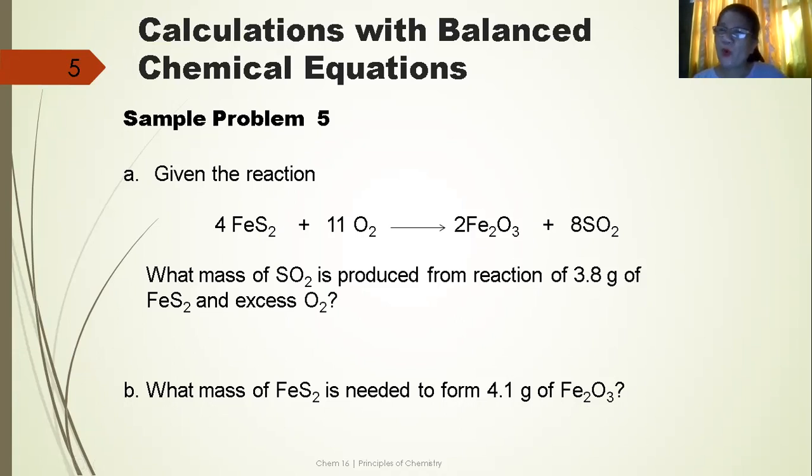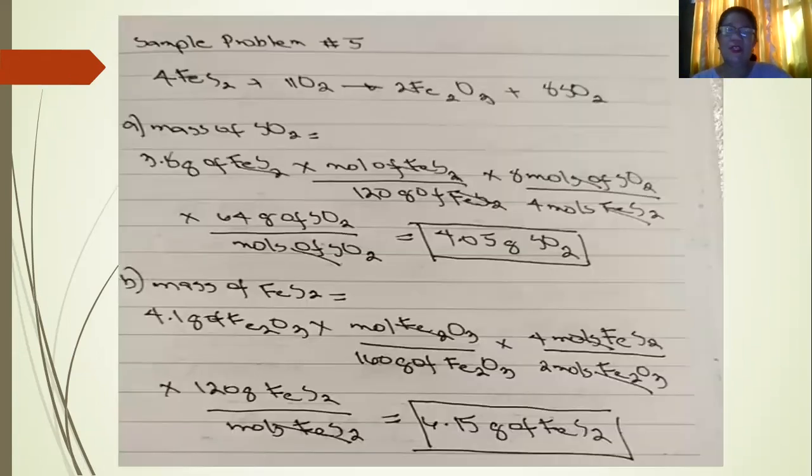Okay, what is very important is your basis will always be your equation. In converting mole to mole, the mole of the given and the mole of the unknown, the required.